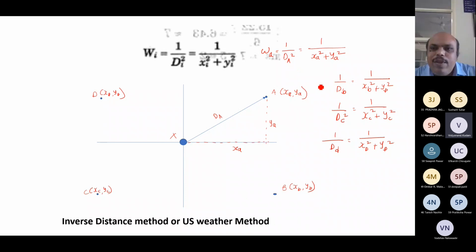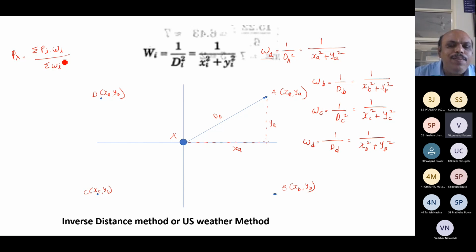So from this calculation, we get the weightage for each index station, Wa, Wb, Wc and Wd. Then we can write the final formula: Px is equal to summation of Pi into Wi upon summation of Wi. This is the final formula for this inverse distance method.